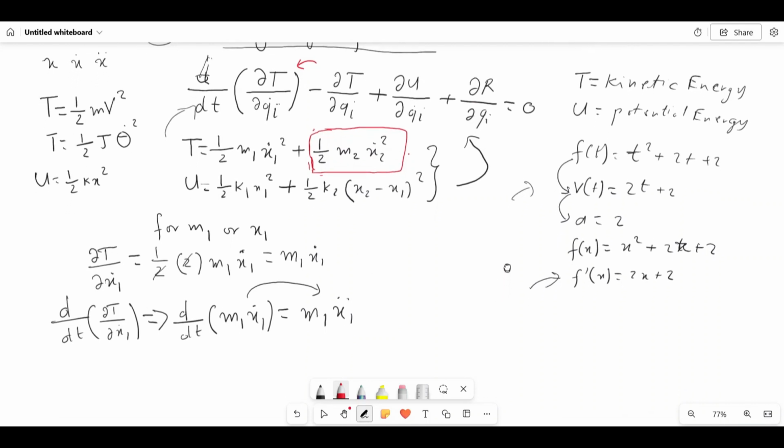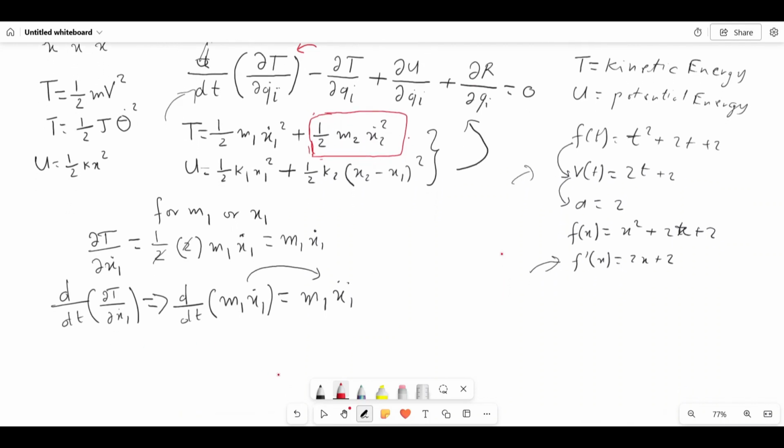Now, what is the other guy? The other guy will always be 0. You don't have to worry about it. I will explain. The other guy says partial t over partial q i, it's no longer dot on top here. So it basically means partial t partial x1. If you see here on the expression of the kinetic energy on top, all you have are x dot. So you don't have to worry.